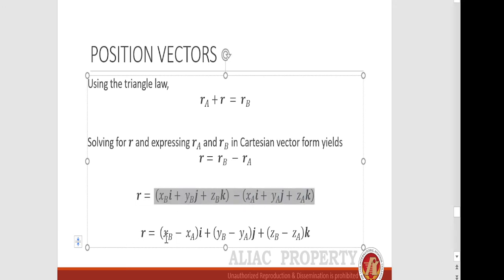After solving, you'll get the answer: (xB minus xA) i. So we can segregate and take the common i. Same here, (yB minus yA) j, and (zB minus zA) k. So you get the answer as well.